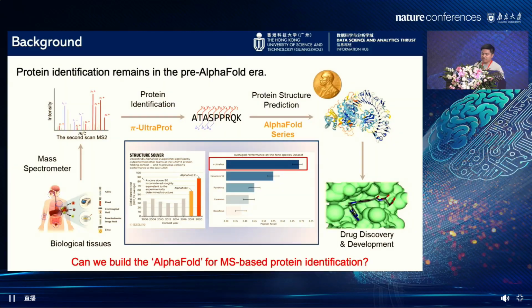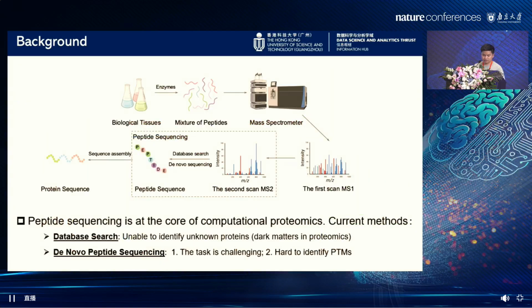It's very similar to the protein structure prediction task before AlphaFold. On the other hand, despite the importance, the AI for science community hasn't paid enough attention to this task compared to protein design or molecular design and so on. So, inspired by the AlphaFold series, we try to build the AlphaFold for mass spectrum-based protein identification.